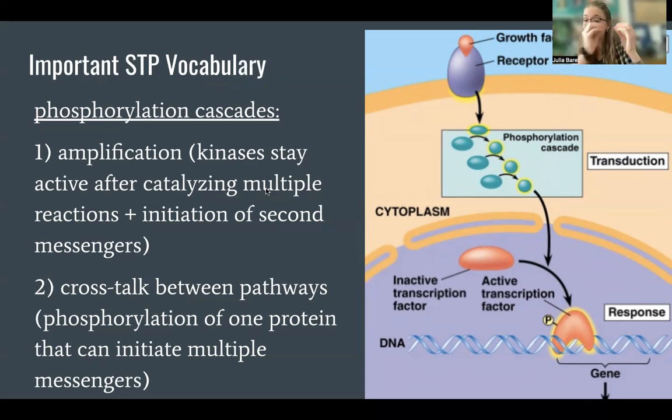And so you get these kinases that are phosphorylating their enzymes, they're phosphorylating their products, and that's going to happen multiple times. So a single kinase can activate multiple of their products, and so that's going to cause rapid amplification of any particular signal.